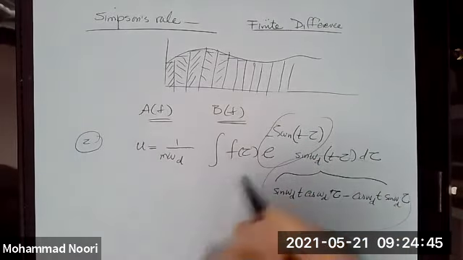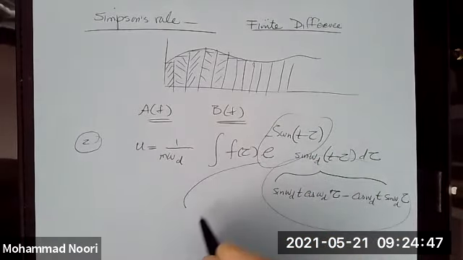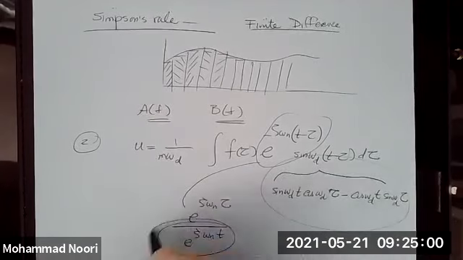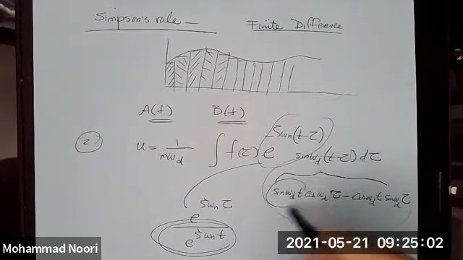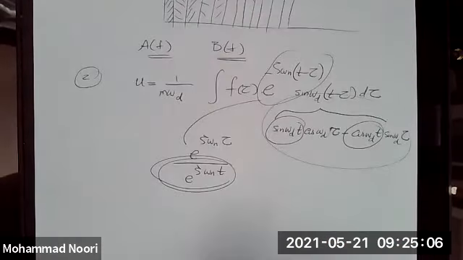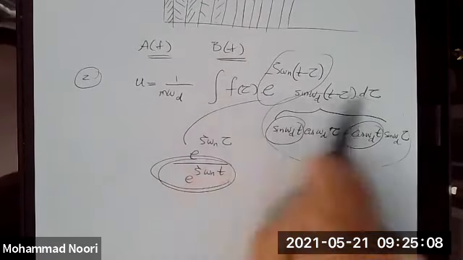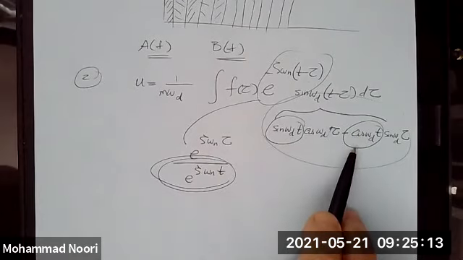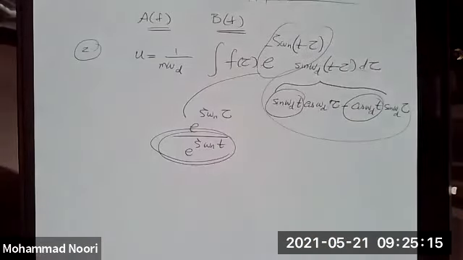This function is e^(ζωₙτ) over e^(ζωₙt), and since t is treated as a constant in this integral, those terms come out of the integral.